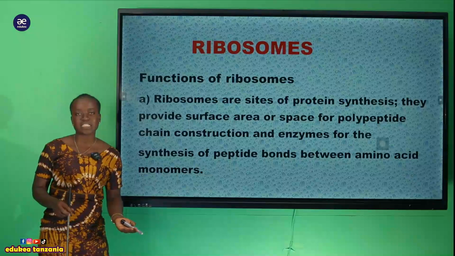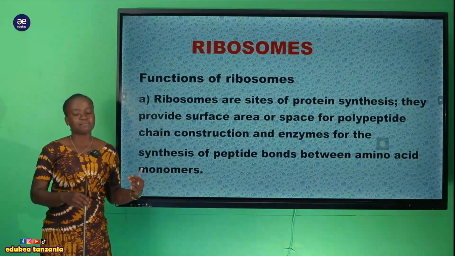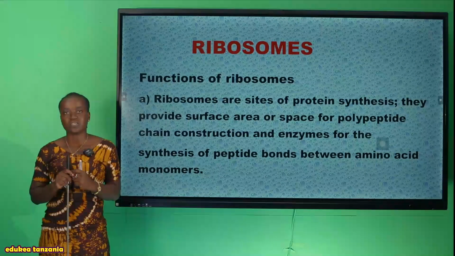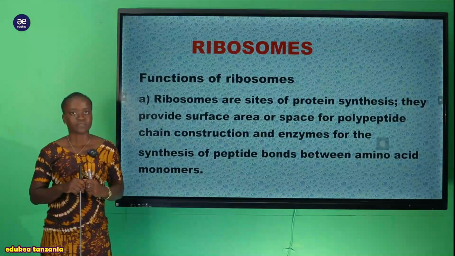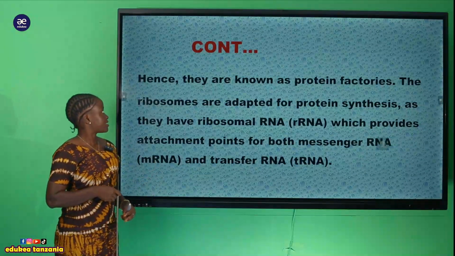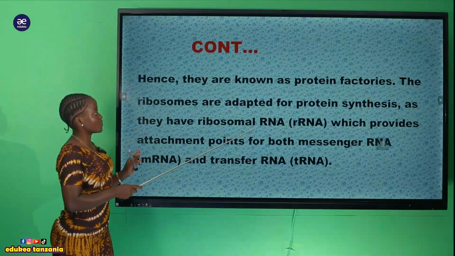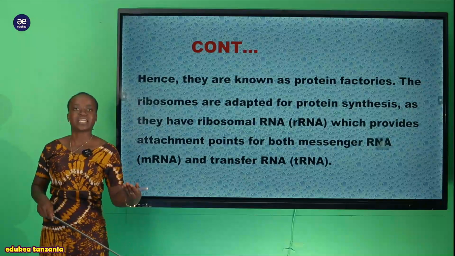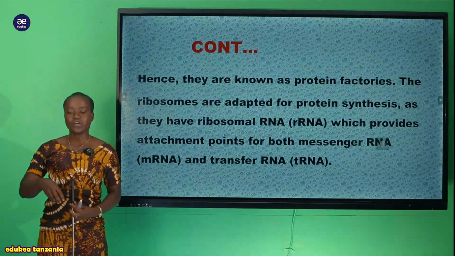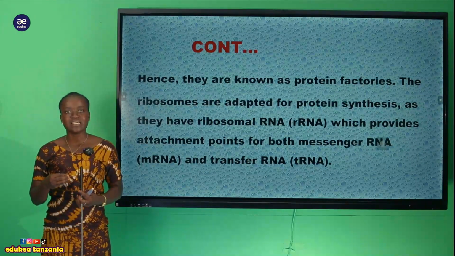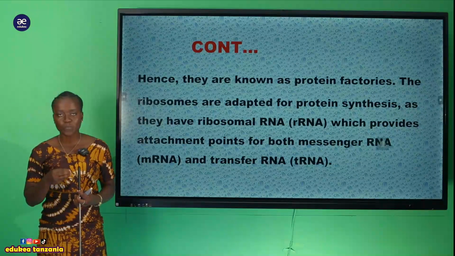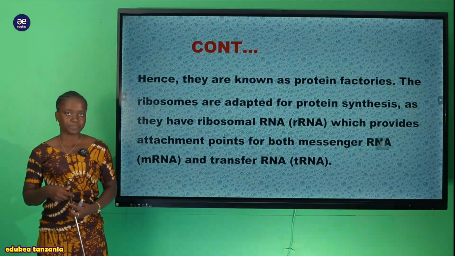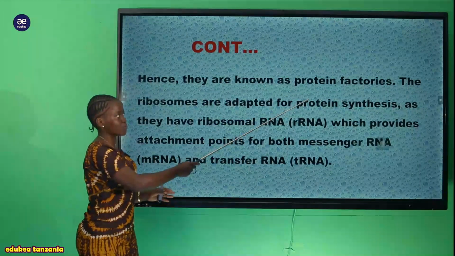So simply we can say that the main function of ribosome is protein synthesis within a cell, and hence they are known as the protein factories, as I have explained to you, that they act as the initial point in order for the formation of the protein.